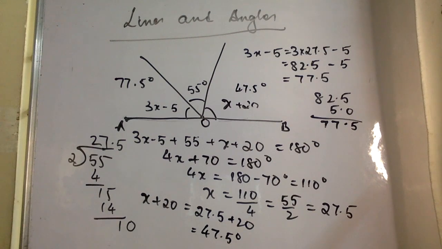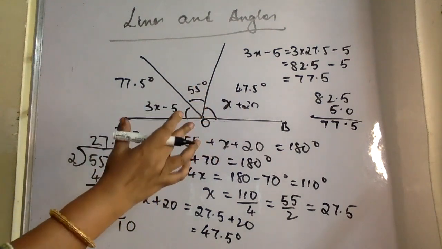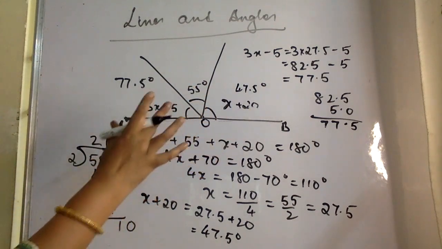Now what I have to see is, I should always check whether on adding these three angles I am getting my 180 back or not. That is the thing we must always see in our examination.